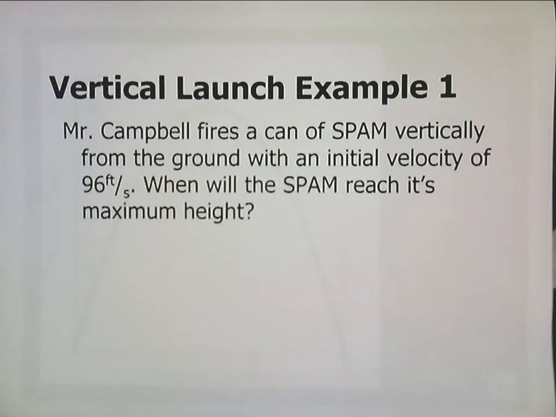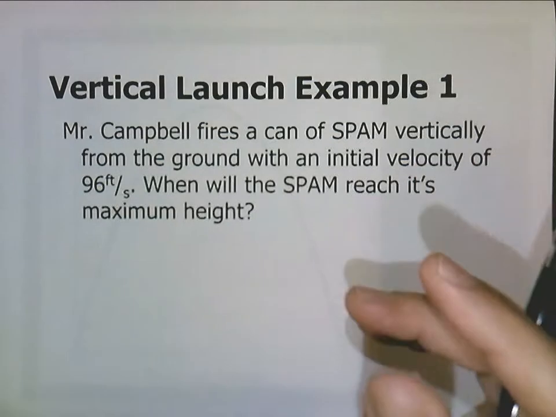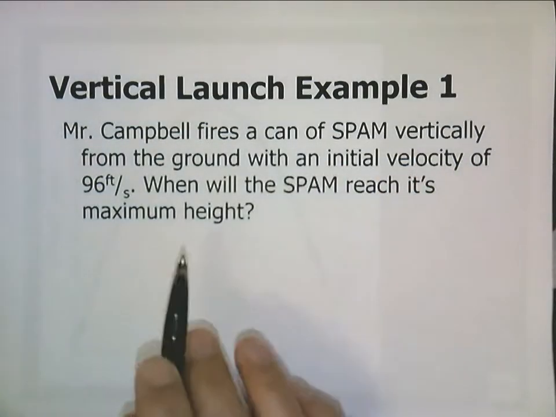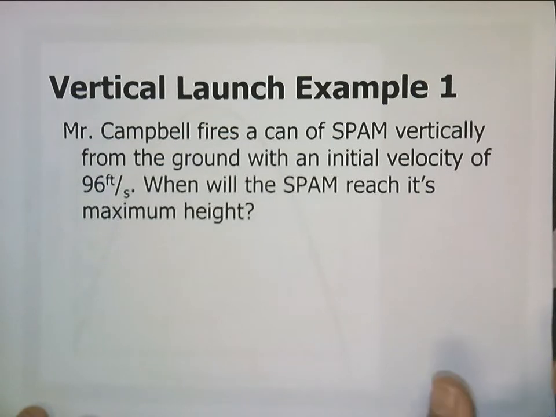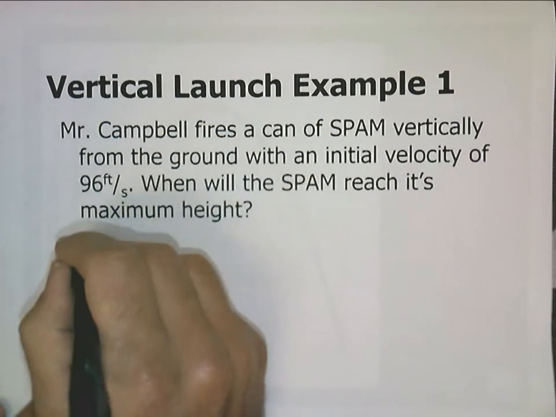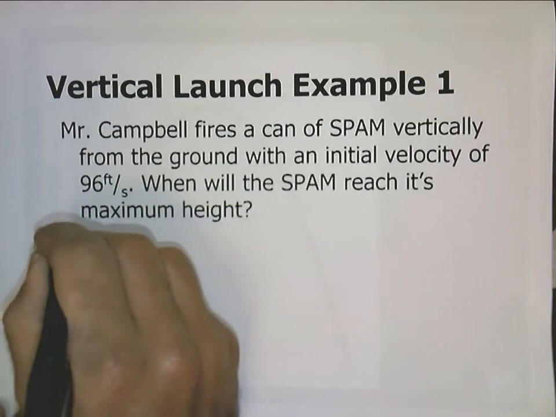Now, let's move on to a vertical launch. So now, we're shooting the can of Spam straight up into the air, and so it's going to travel up to its maximum height and then fall back down to the ground. And we want to know, when is the Spam going to reach its maximum height? Well, the equation we're going to be using is, of course, that one for vertical launch.